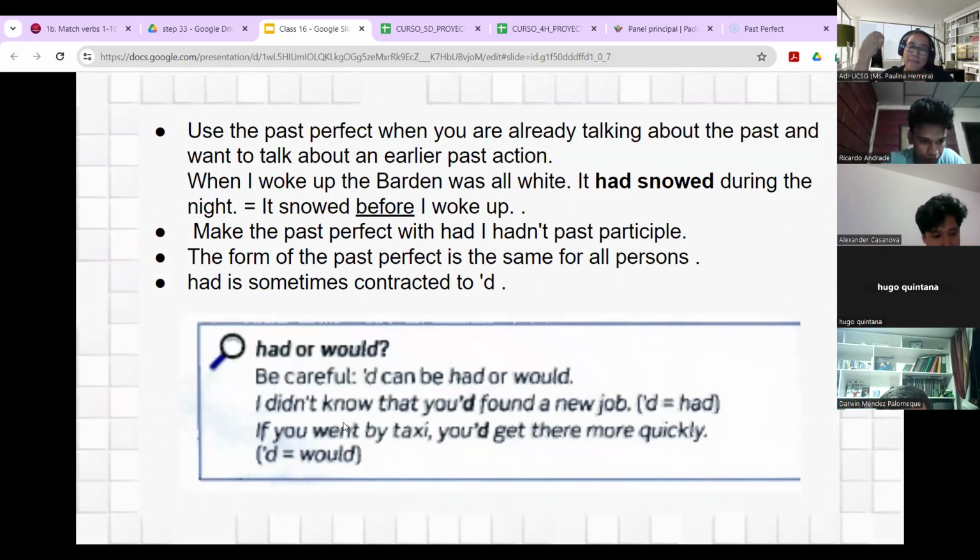So I have to be careful and pay attention to the context. Actually, it's easy because after had in the past perfect, I'm going to have a verb in past participle. But after would, I'm going to have a verb in base form. So maybe that will help me identify. But the contraction is exactly the same.